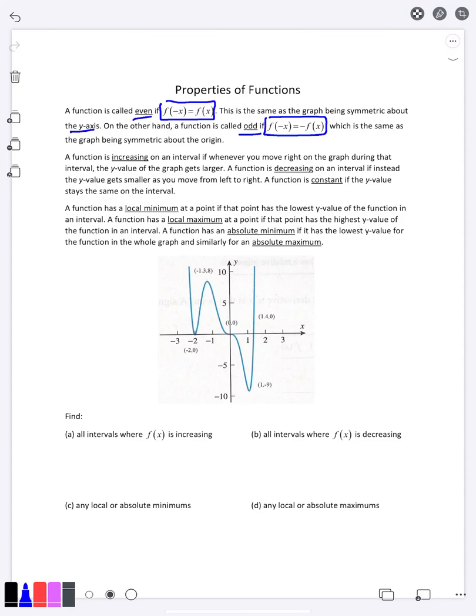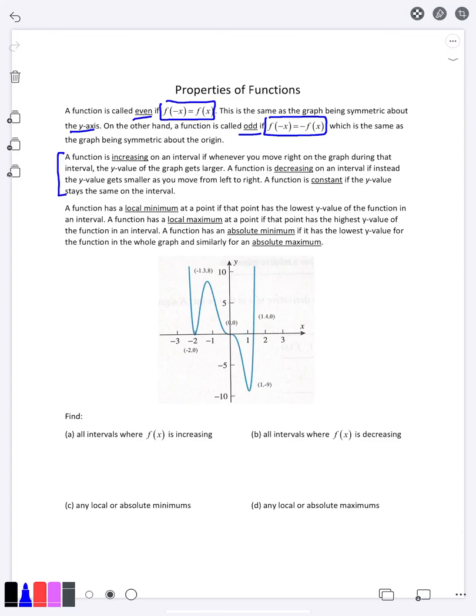The things that we are going to focus on, though, is first off increasing and decreasing. When we talk about whether the number of new cases of disease is increasing or decreasing, that means as you go on through time, you're getting more or fewer cases of that.